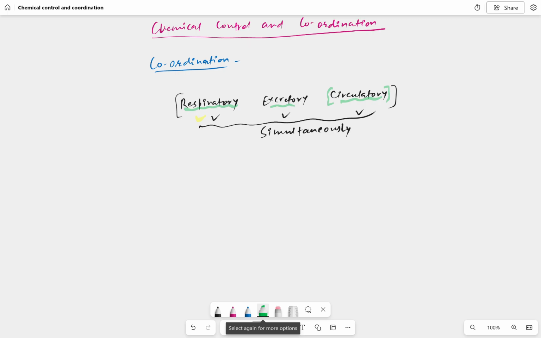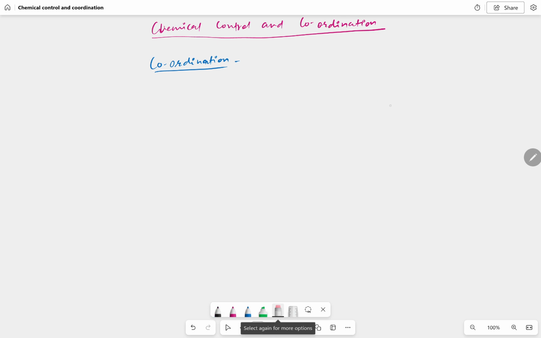So we can see that a rhythmic activity is seen without interference, and this is the coordination: different organs working simultaneously without interfering with other functions.